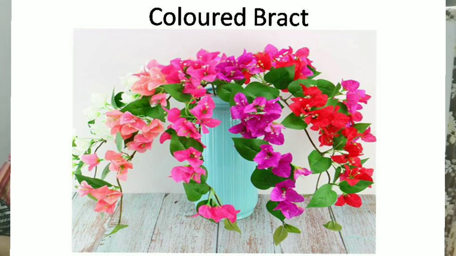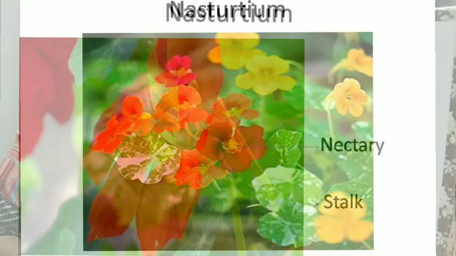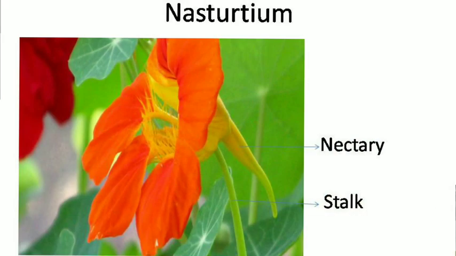Now, most flowers produce a sweet smell, the fragrance. This is because of the nectar secreting cells, the nectar secreting glands, present in the flower. Where can you see these nectar secreting cells? They can be seen at the base of the pistil or at the base of the petal.